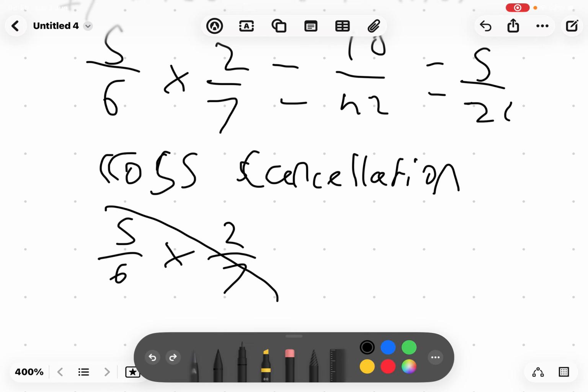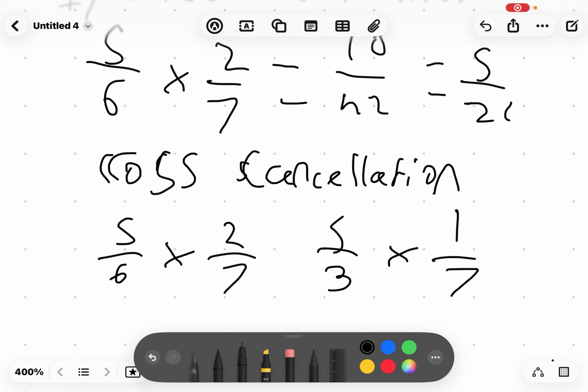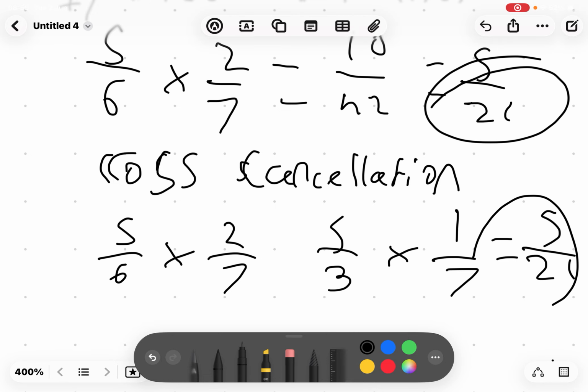We can divide these numbers, simplify them. So let's say what goes in the 6 and what goes in the 2. Well, both divide by 2, so we can do this. And what we get at the end is the same result as what we got here. So it does work.